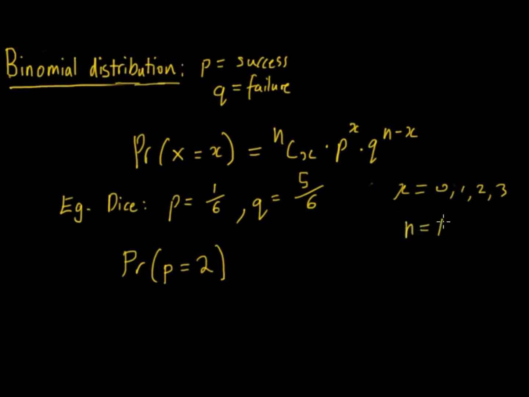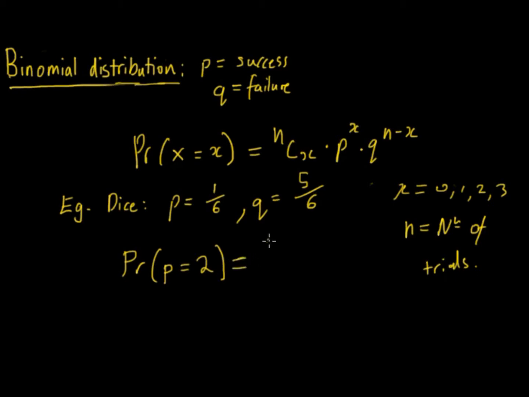And now N is equal to the number of trials. I just mentioned before what the trials are: you can think about that as the number of repeats. So for this example, we'll say that the number of trials is 4, so we're going to roll the die 4 times.